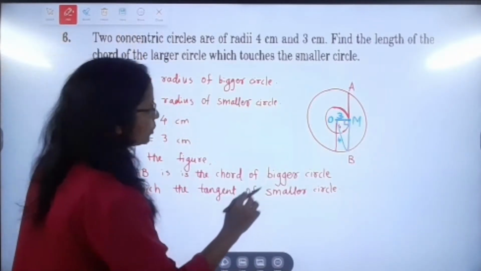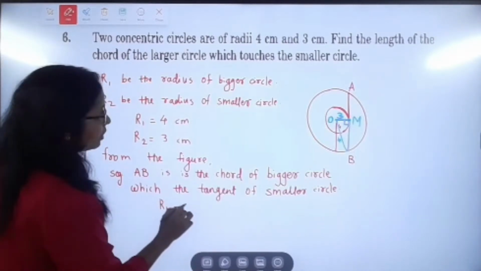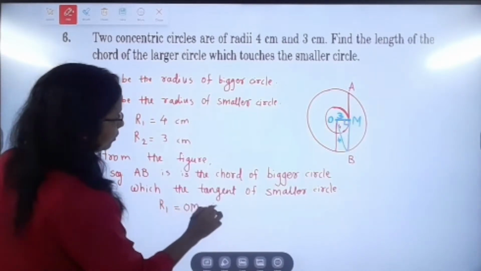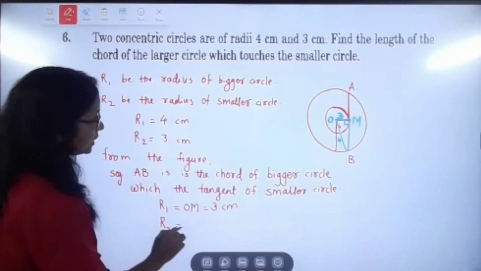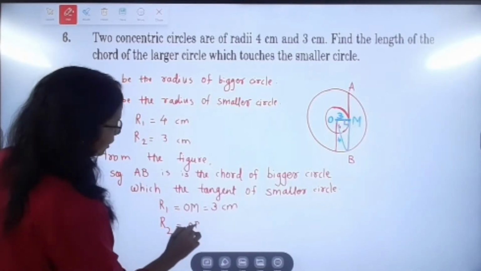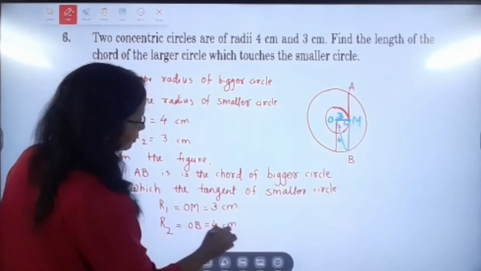Then OM is equal to 3 centimeter, and OB is equal to 4 centimeter.